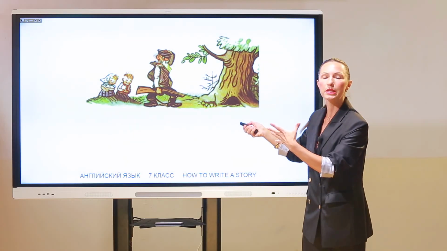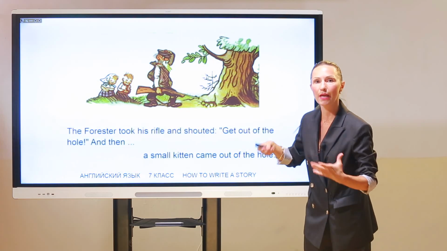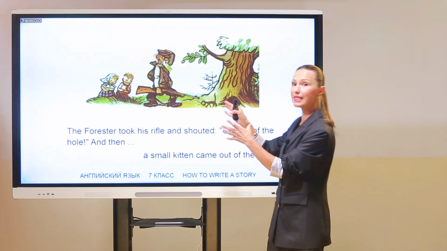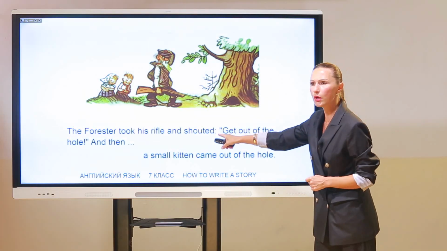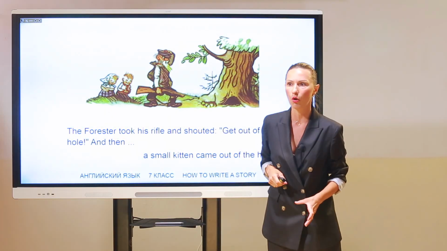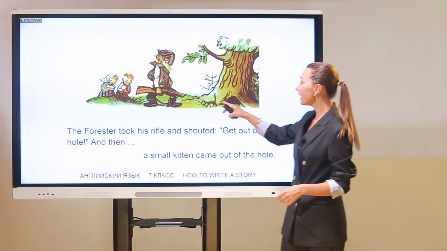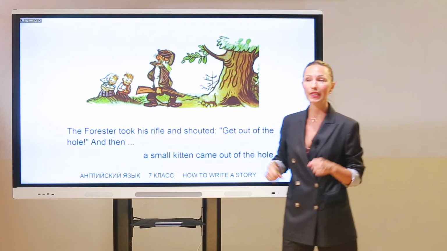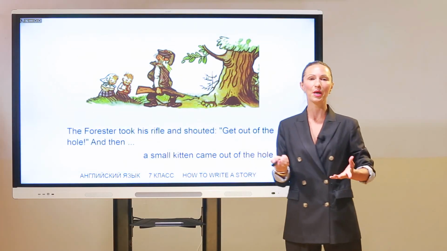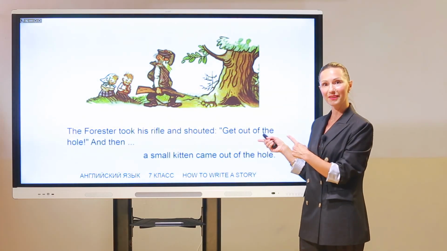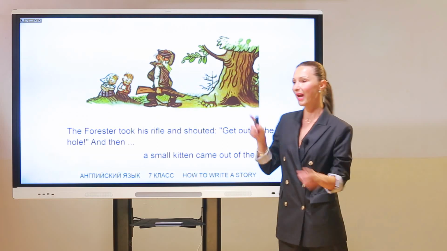We'll describe it, okay? So our sentence is, the forester took his rifle and shouted, "Get out of the hole!" And then a small kitten came out of the hole. So we name it, guys, the climax event. Is it funny? Yes, right, you are absolutely right.